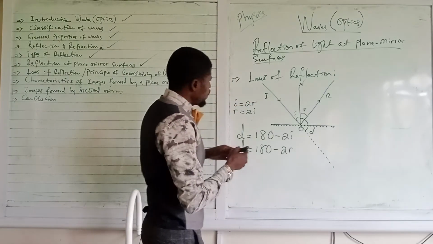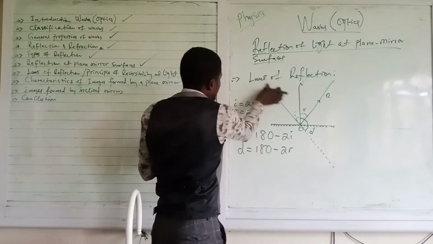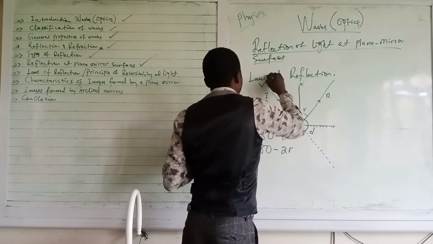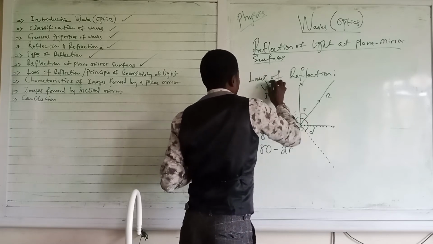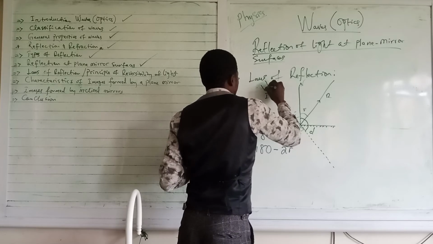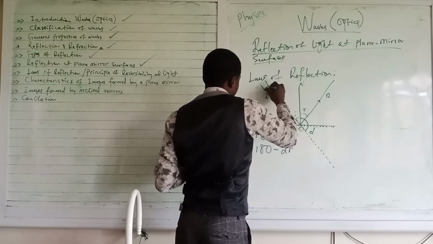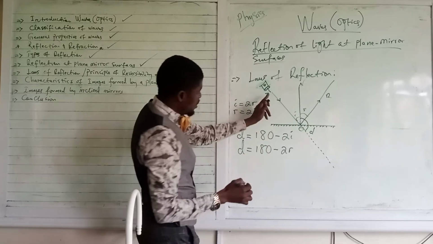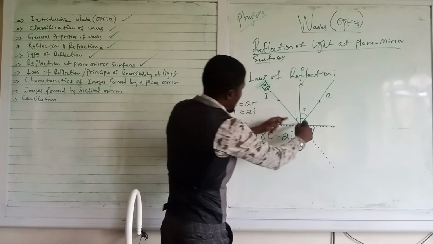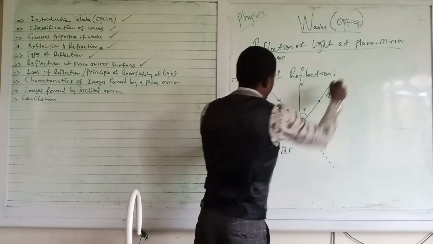What's the meaning of that? It means that if we choose here to be our incident ray, maybe here to be the point where we point our laser, lasers are polarized light. If we point our laser here, the light will reflect this way.